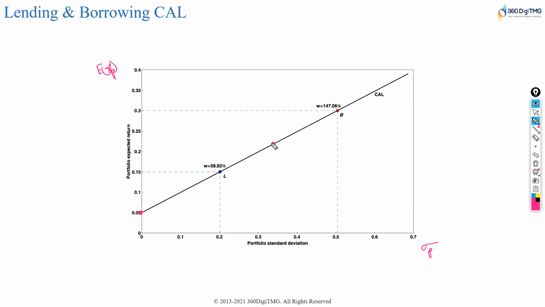From here until here, you call this lending, because we have this scenario where you get 22% return for 34.29% risk.